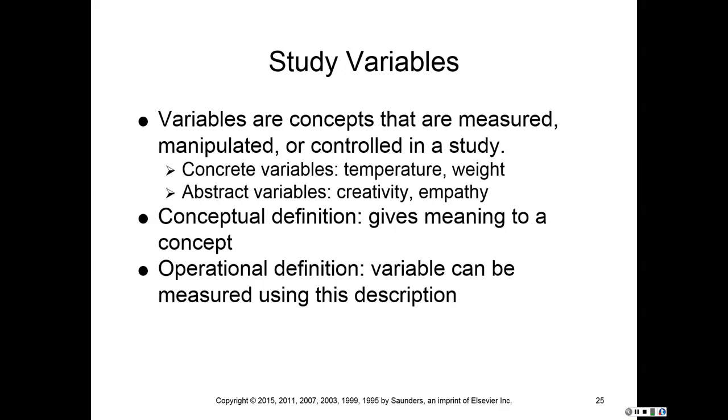Fifth, study variables. The variables are concepts that are measured, manipulated, or controlled in a study. We have concrete variables like temperature and weight, and abstract variables such as creativity and empathy. A conceptual definition gives meaning to the concept. With the operational definition, the variable can be measured using this description.